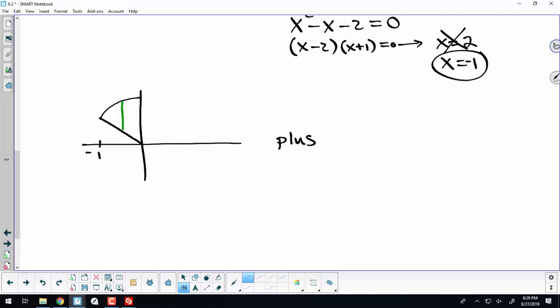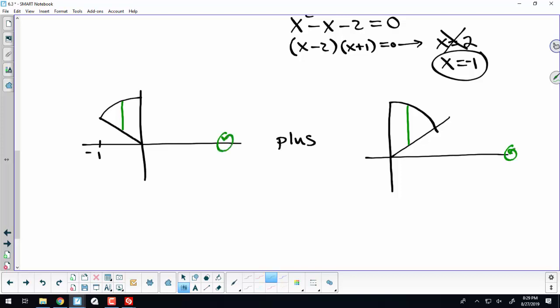That'll give us one volume plus the other volume generated by this thing. So we have to take this volume plus this volume if we're not going to utilize symmetry.